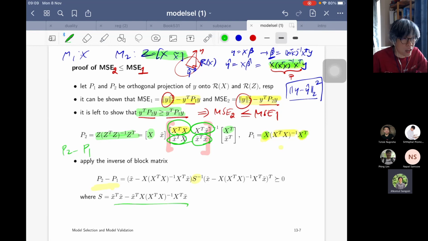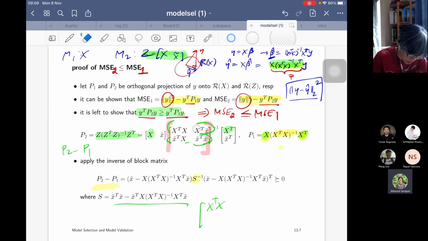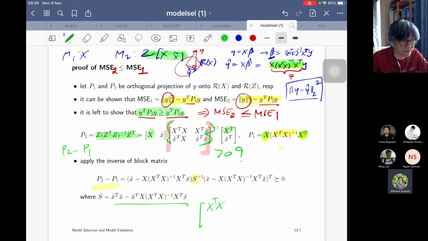And the matrix in the pink term, is this matrix positive semi-definite or not? I must say positive definite. Is it positive definite, the pink one?